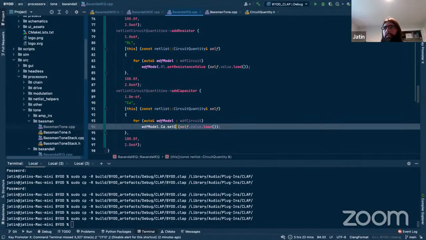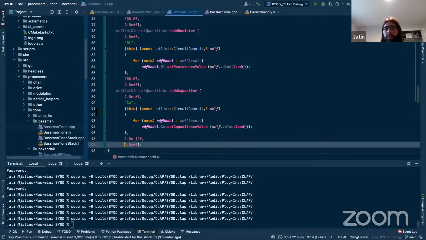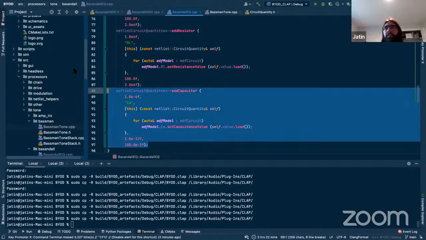CA dot set capacitance value. And we'll do maybe from 1 picofarad up to maybe 100 millifarads. I'm just spitballing some limits here. We'll have to test that out and see what that range actually gets us.